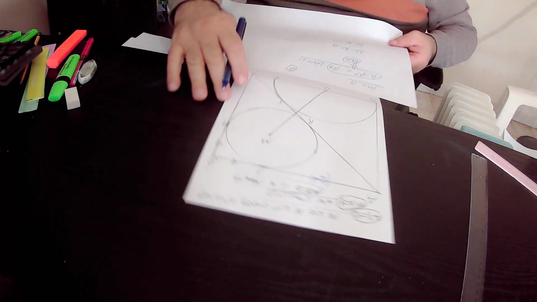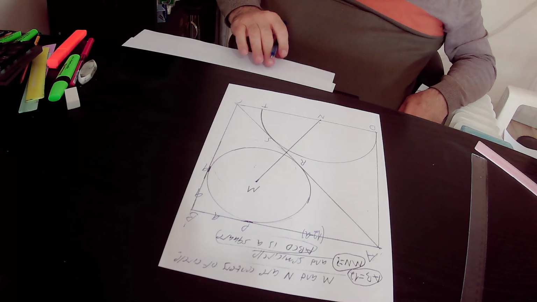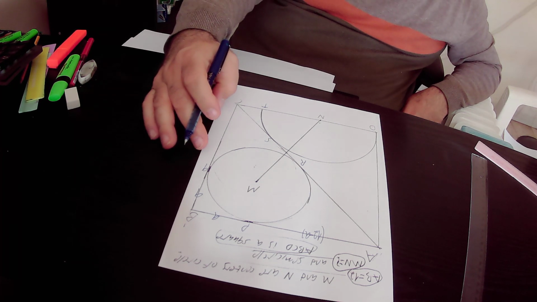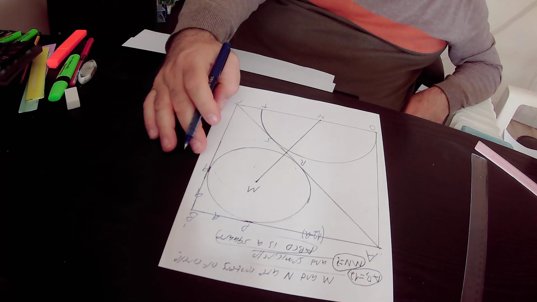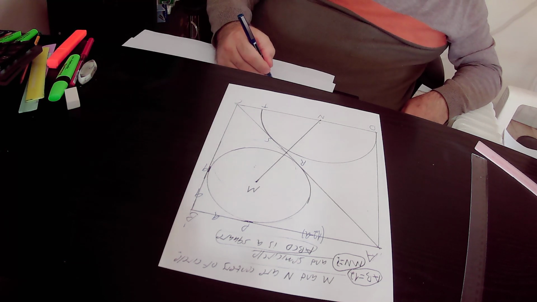Likewise, what is the value of QC? From the drawing, it is very easy to see that the line segment QC is equal to BC minus BQ.